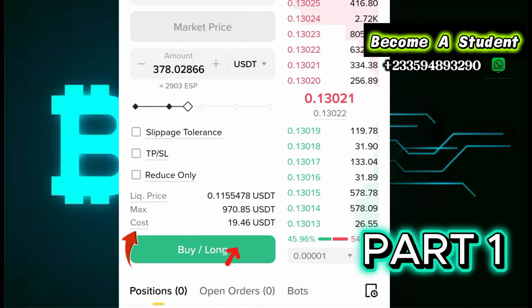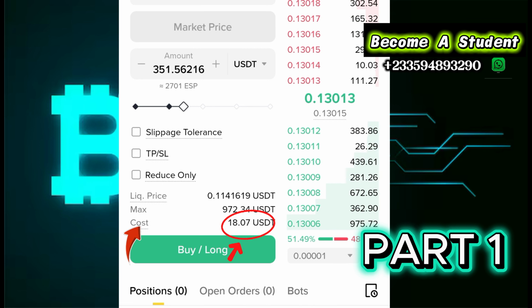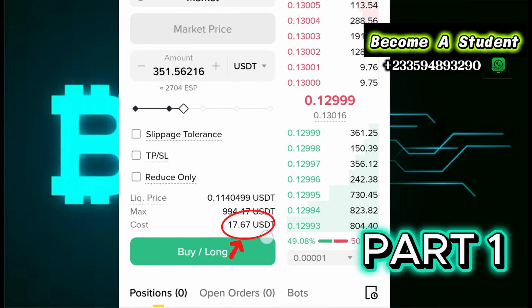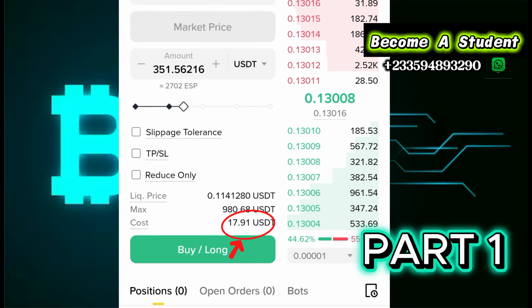Let me just show you. All you need to look at is down here at this place where we have the cost. You see, some platforms you have margin, and some platforms you have cost. At the bottom here, you can see we have 17.6791. You see, it keeps changing. Okay, so this is the cost.